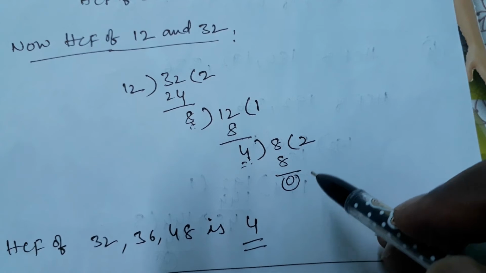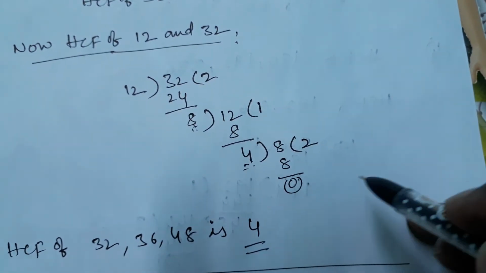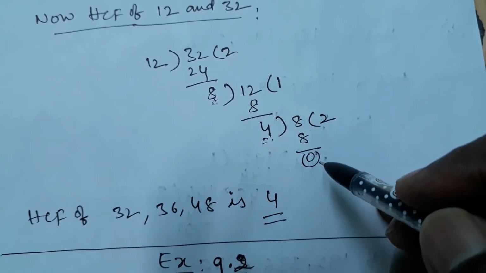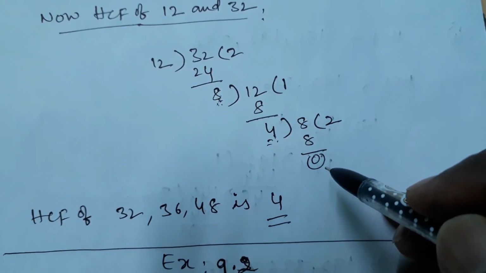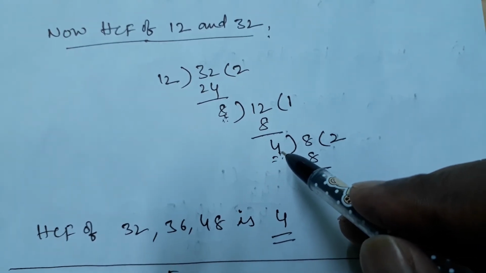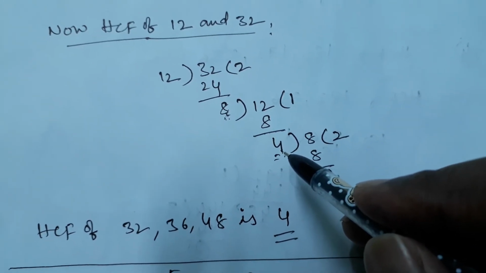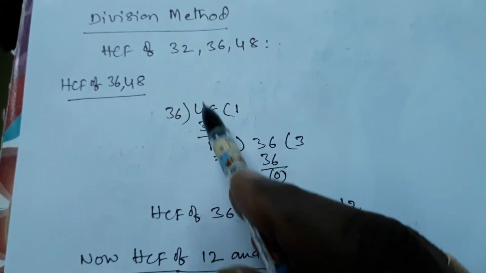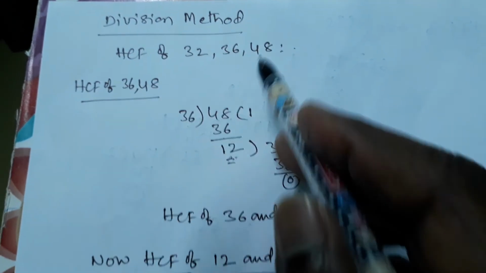Continuously divide until you get remainder 0. Once the final remainder is 0, there you got the HCF of the given numbers. So 4 is the HCF of 12 and 32. Already we found that the HCF of 36 and 48 is 12.